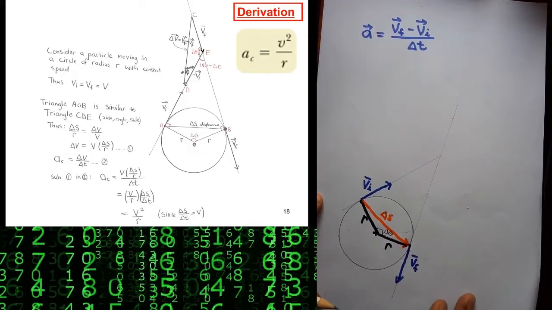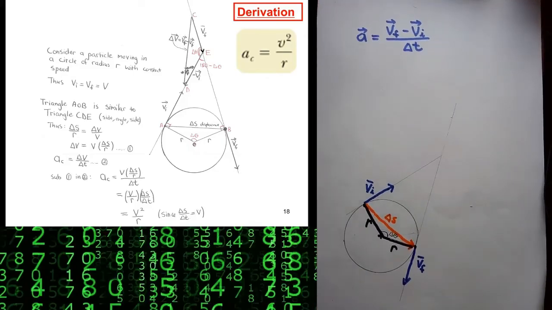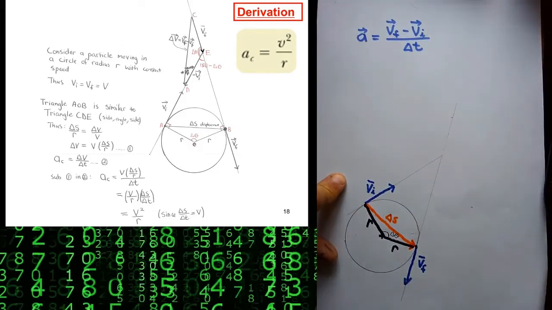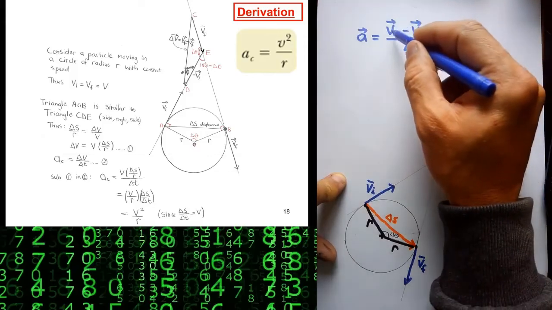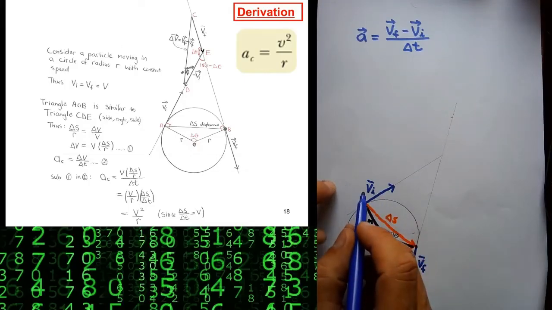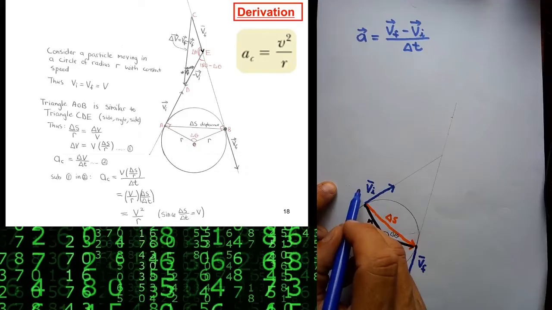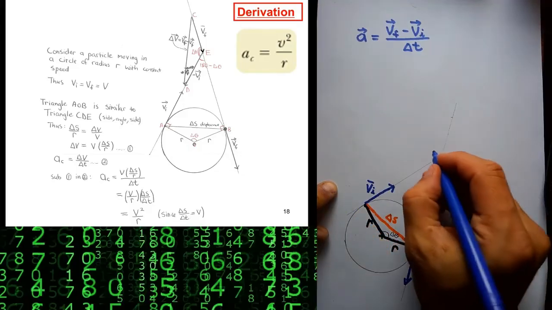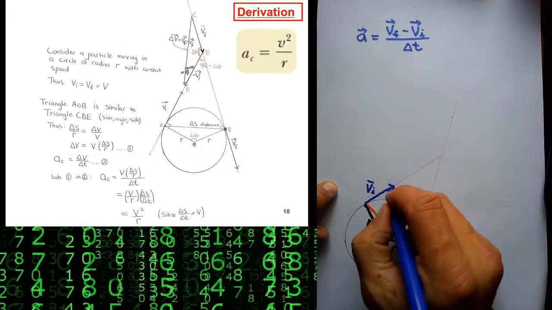If you look at the definition of acceleration, it depends on VF minus VI. And we already have two vectors, VF and VI. But we need to somehow work with these two vectors to get the vector VF minus VI. So as the first step, what I'm going to note is that if you take the minus sign of a vector, it means that the vector is going to be the same length, but it's going to point in the opposite direction.